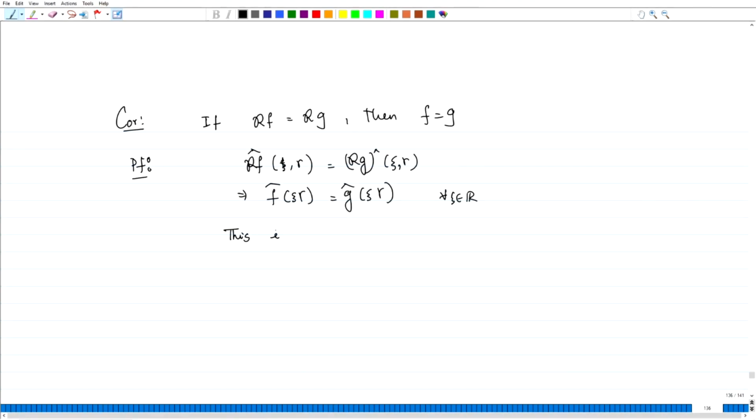So, f hat of x is equal to g hat of x for all x in R^3. By uniqueness of the Fourier transform, this implies that f is equal to g.